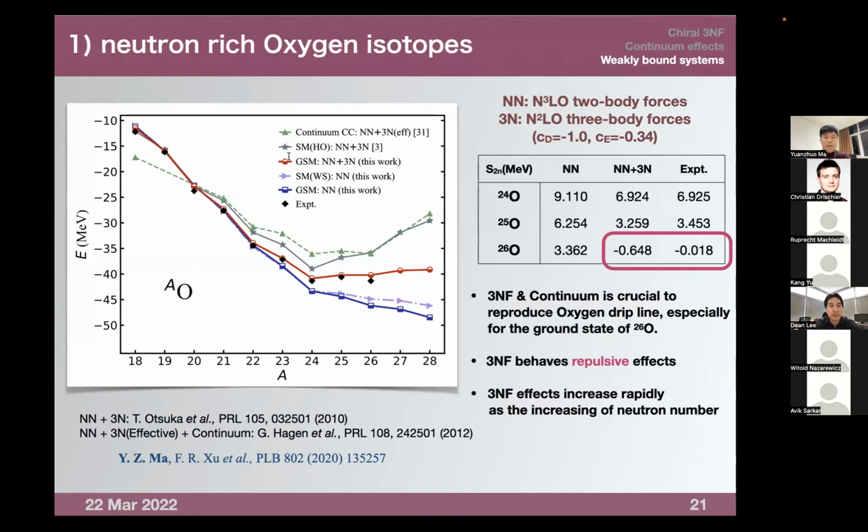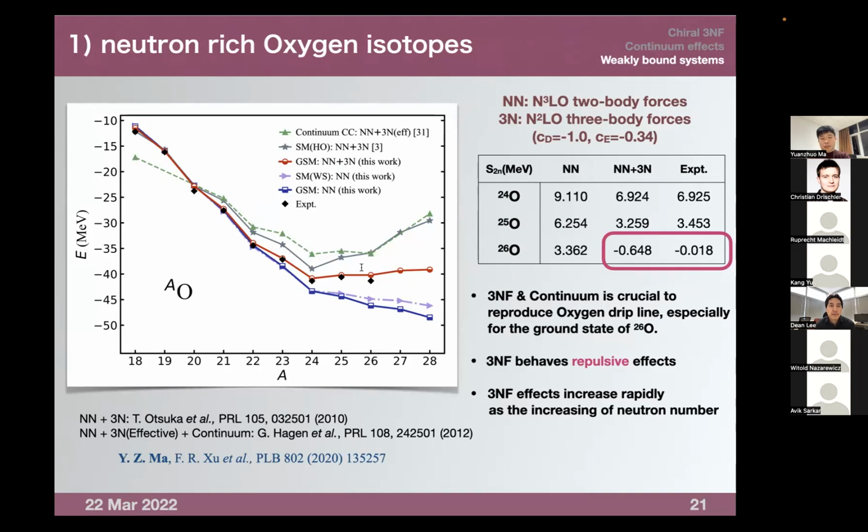The red line is the calculation with three-nucleon force, and the blue line is our Gamow shell model calculation without three-nucleon force. From the comparison, we can see that the three-nucleon force has a repulsive effect, and this effect increases as we increase the particle number.